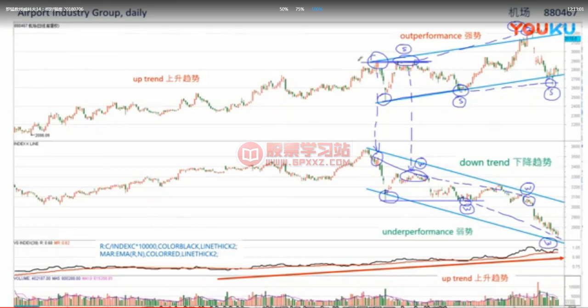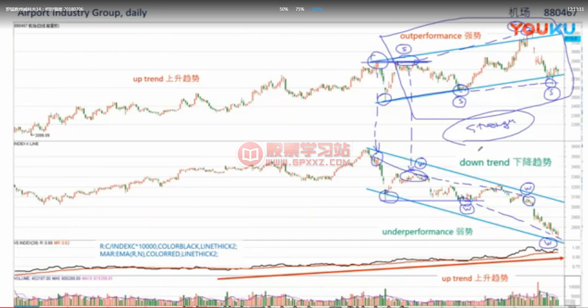So throughout this whole structure, we've seen that the airport group is much stronger. So it doesn't attract more selling than the market, and it might also attract some of the buying. And therefore, we definitely want to put this on our watch list.